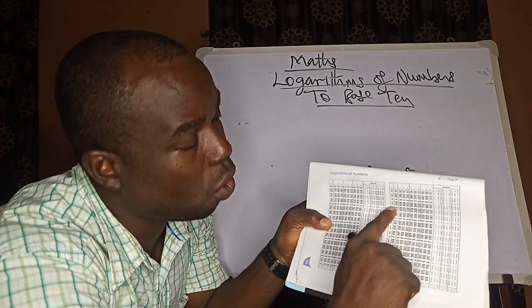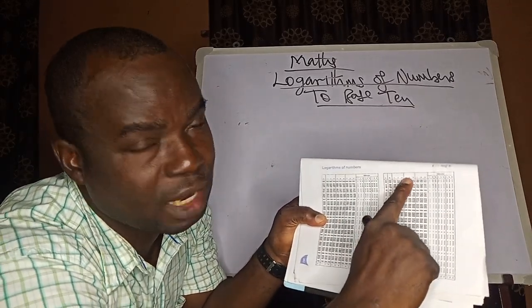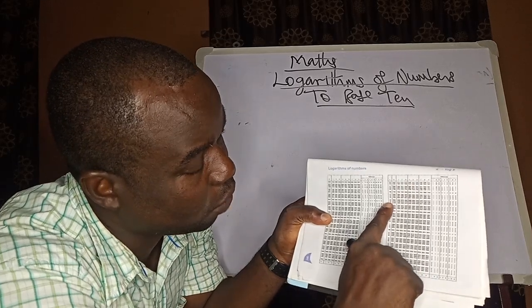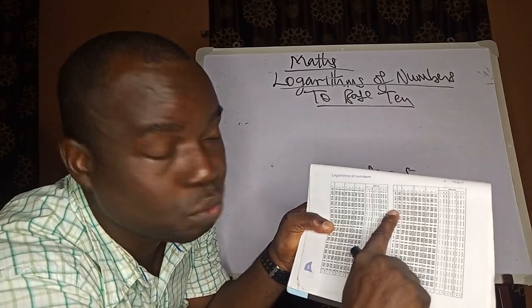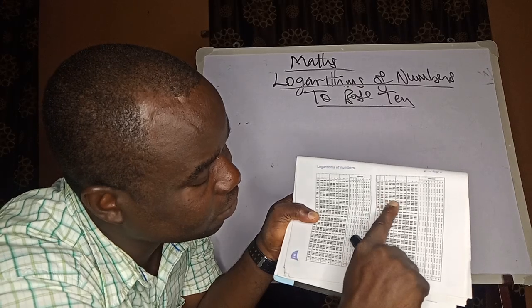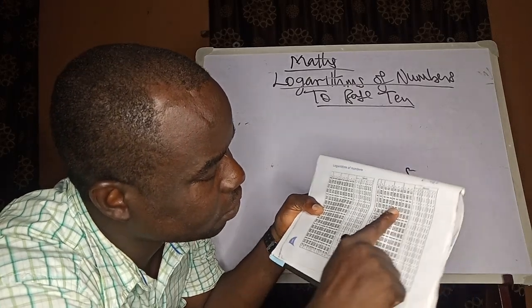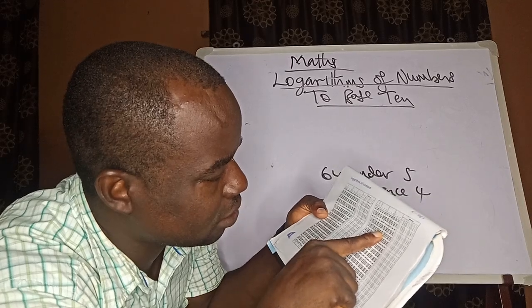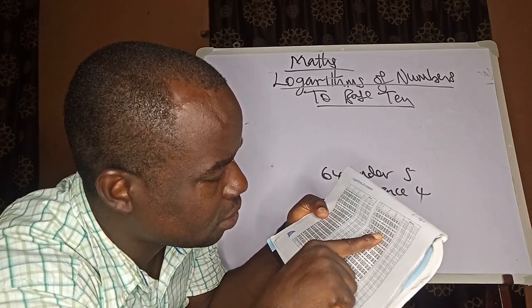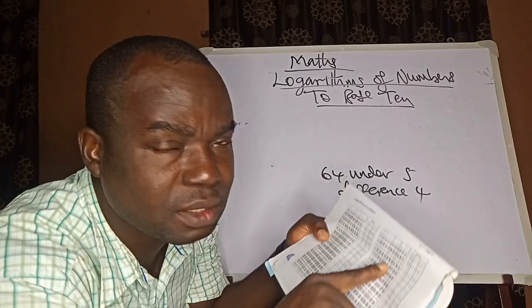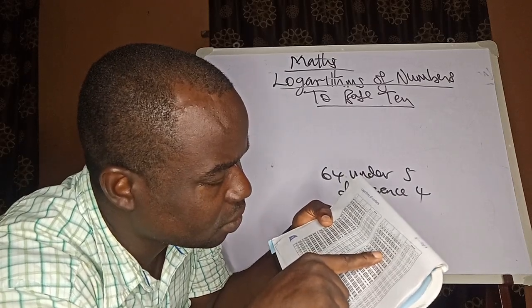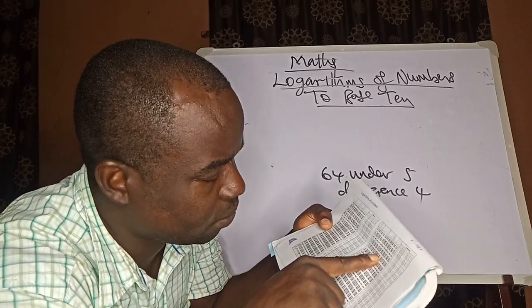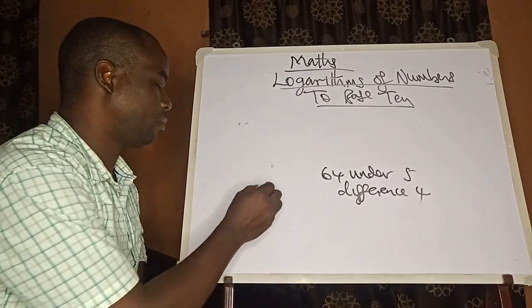Now check the 64 under 5. Trace it under 5. It will give us 8086. So you write it down.